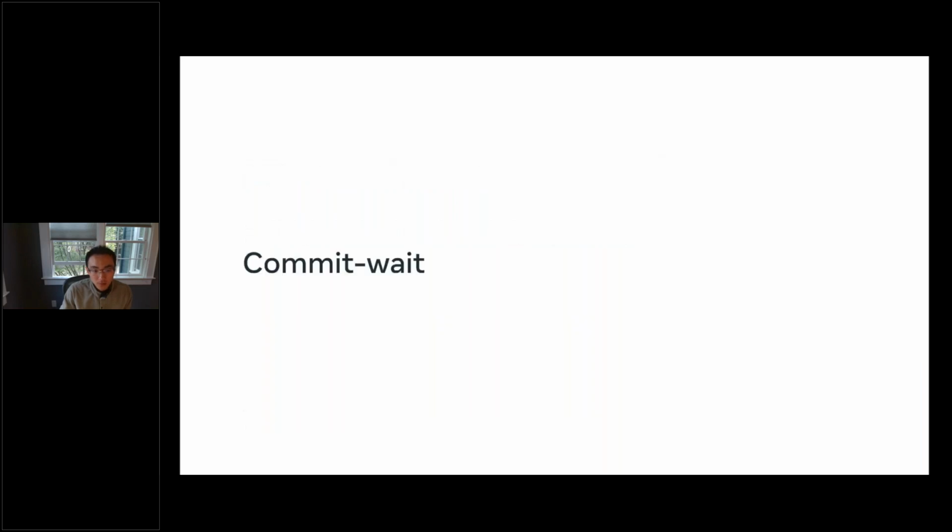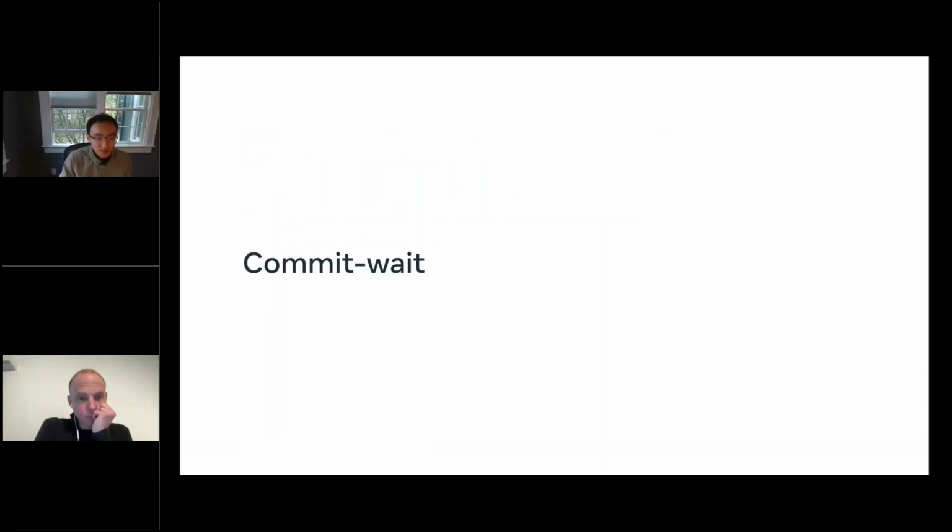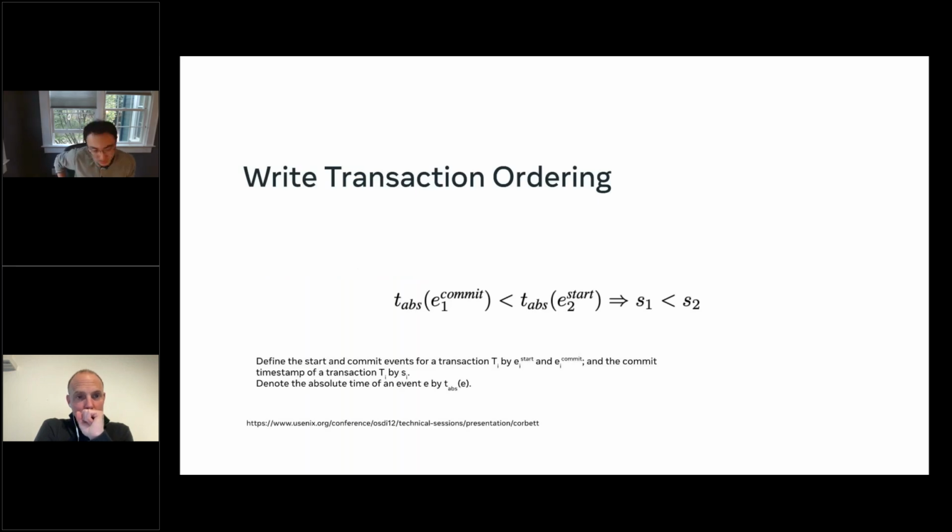And so what is commit wait? I bet a lot of people have heard about it, especially people who work on clocks and the TrueTime API or PTP. I'm going to spend some time on this because it is important when it comes to the ordering construction. So say we want to have the following property. I took the screenshot from the Spanner paper.